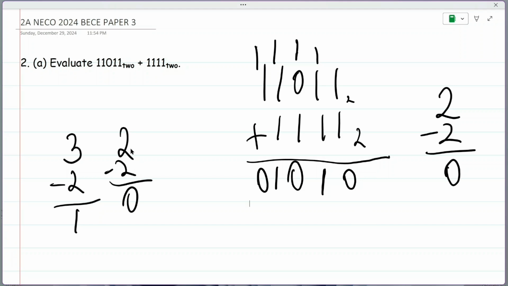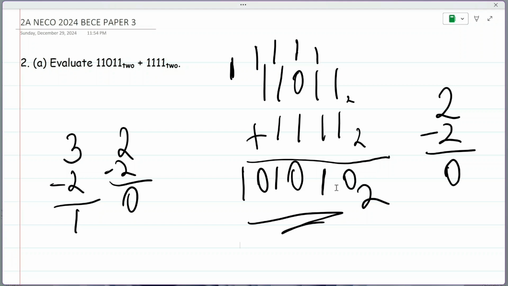We subtracted the base just once, so we put the 1 here. Since there are no other digits to add to the 1, we just drag it down and have it here. So we have our result as 101010 base 2.